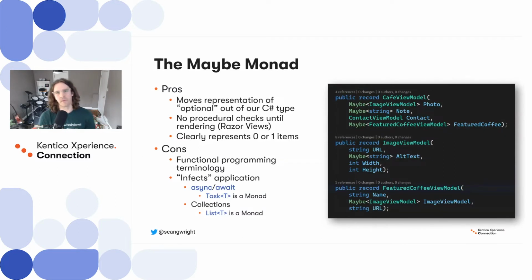So the benefits of the maybe monad tend to increase as we increase the number of layers, mappings, transformations, data and presentation requirements, business logic in the application. If you have a small app, you might not see as many benefits and it might seem like overhead. But if you have a larger enterprise Kentico Xperience application, I found you can get a lot of benefits from using the maybe monad.